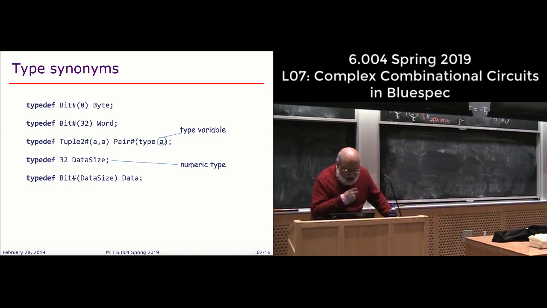Which line? The last line. Bit data size is also bit 32. Oh, you're saying could I have written word there? Yes. Sorry, I misunderstood. It's very important to distinguish the numerical 32 versus bit 32, because that's 32 bits.